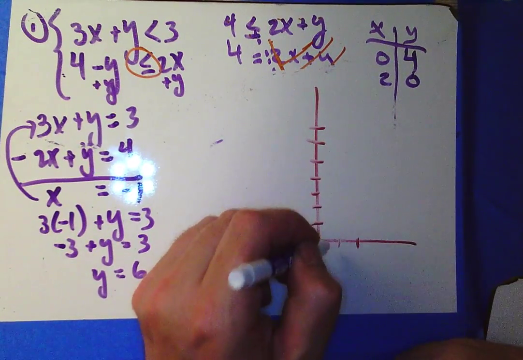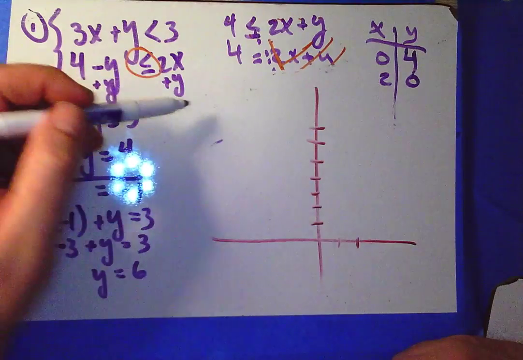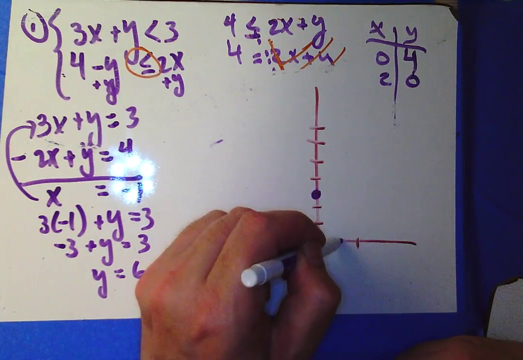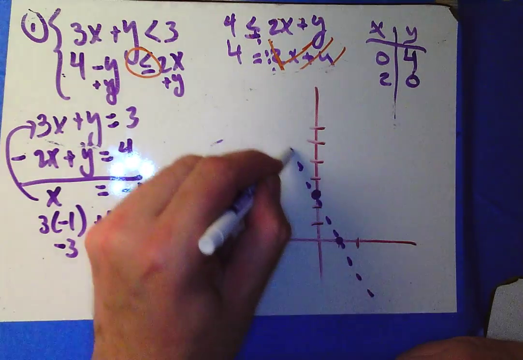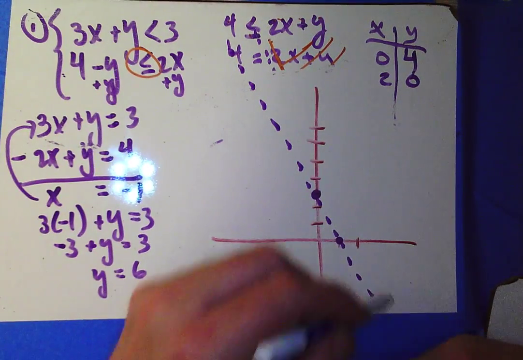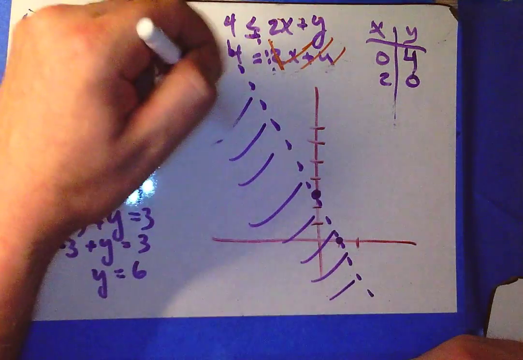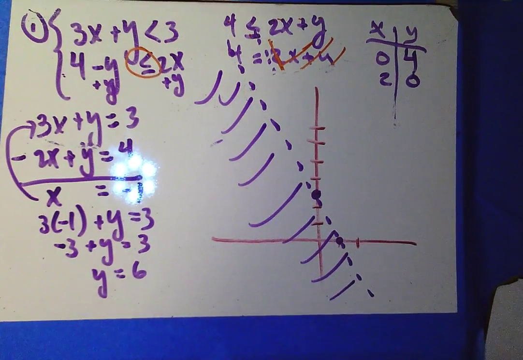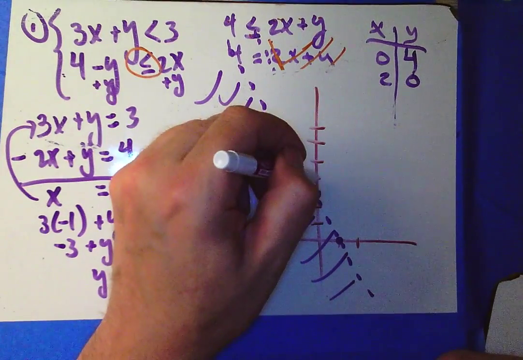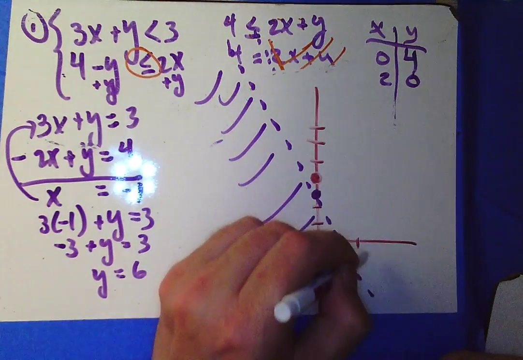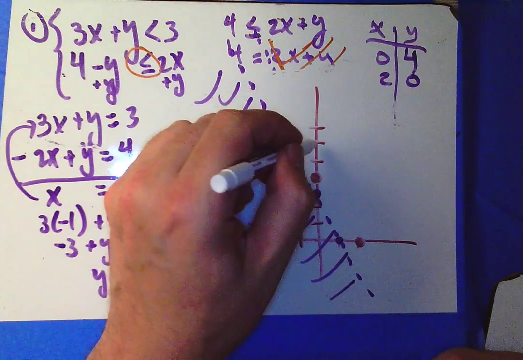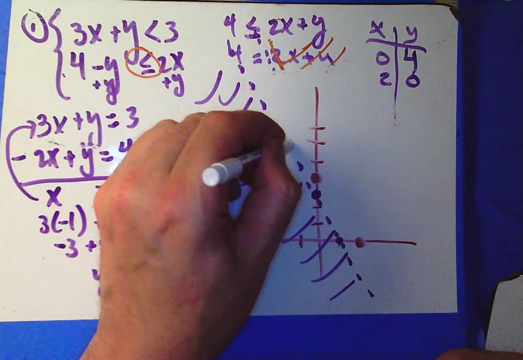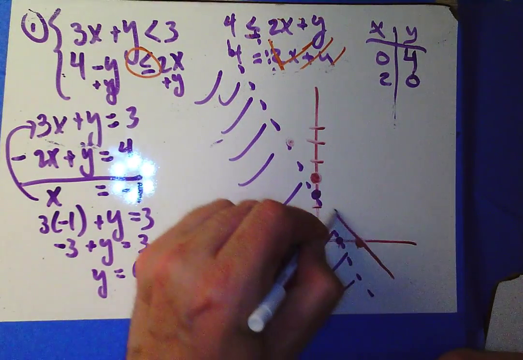We know 0, 3, and 1, 0 with a dotted line and shading on this side. And the other one was 0, 4, and 2, 0, and negative 1, 6 is where they intersect, with a solid line.